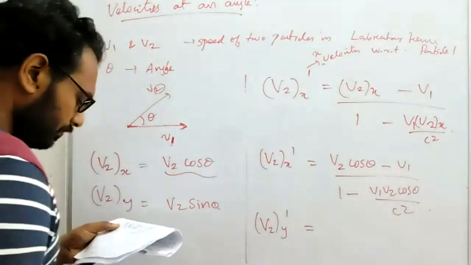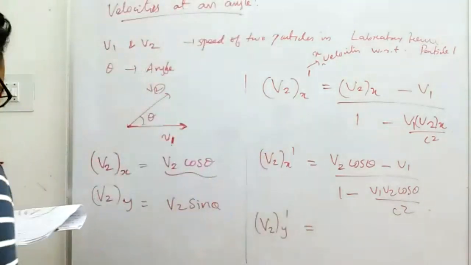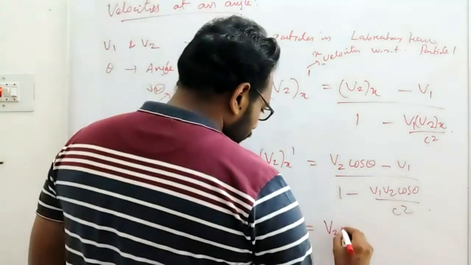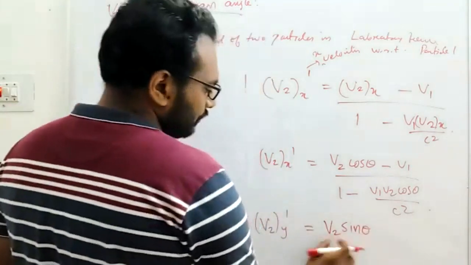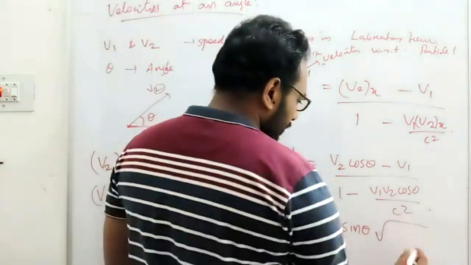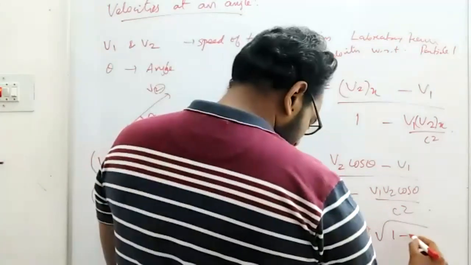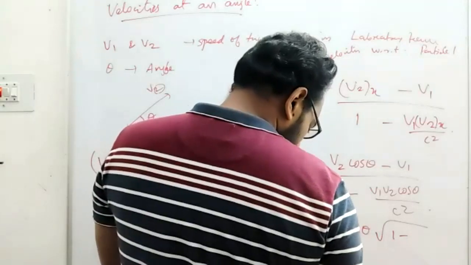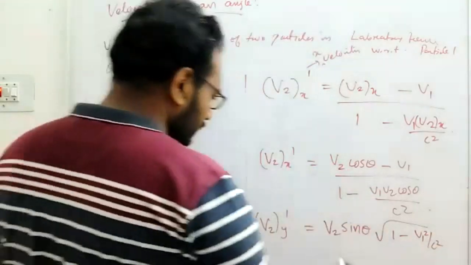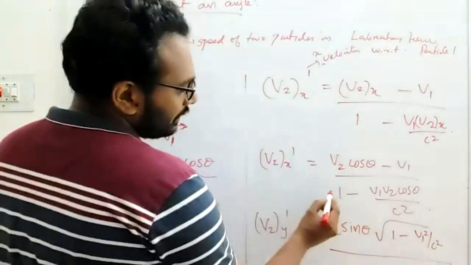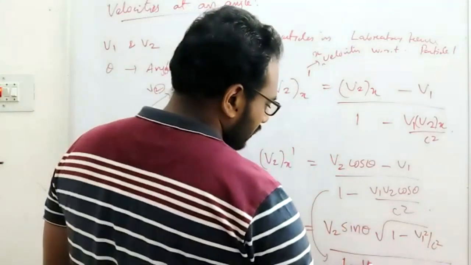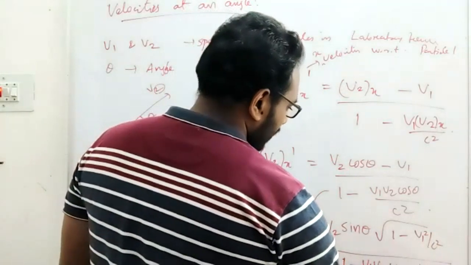What's V2y'? You have to use the rule for transverse velocity. You'll see that it's equal to V2 sine theta, because V2y is V2 sine theta, times the inverse of the gamma factor, square root of 1 minus V1 square by c square, divided by exactly the same factor as here: 1 minus V1 V2 cos theta by c square.